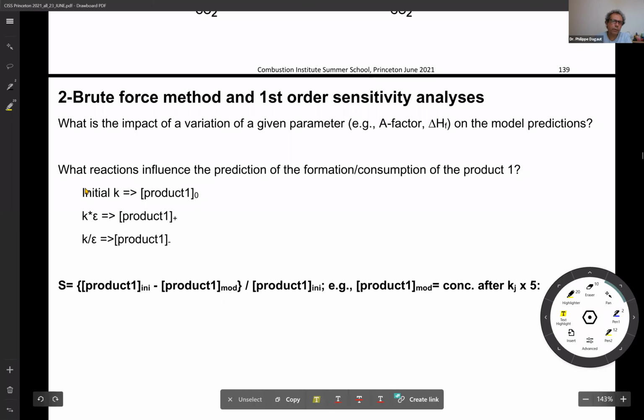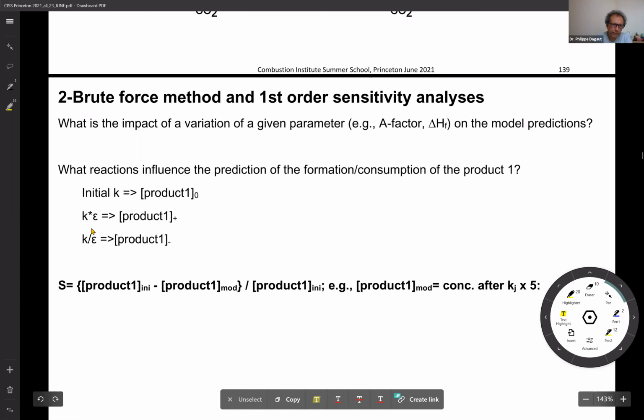So if we consider that the rate constant is the important parameter, we have an initial rate constant which leads to the formation of product 1 at this initial concentration. Then if you multiply the rate constant by a small factor, you will get a new concentration.